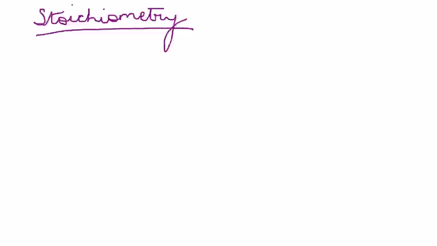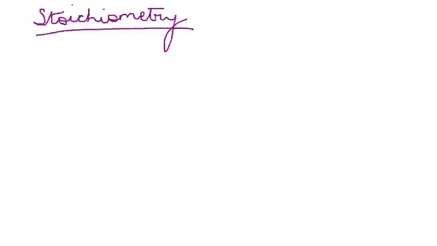So let's start with stoichiometry and take a look at what exactly it means. Stoichiometry is basically a term that relates the number of moles of the products and the reactants to each other as well as among themselves.